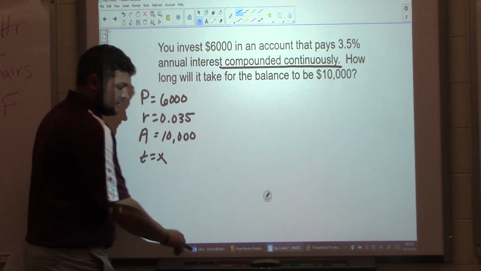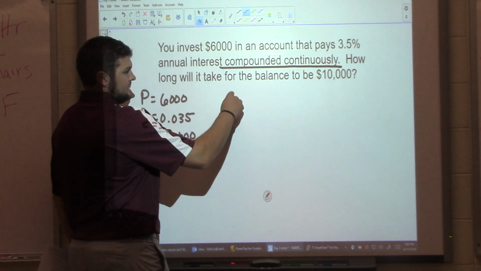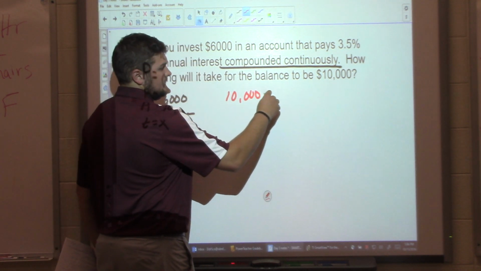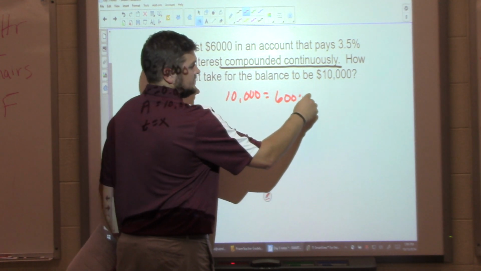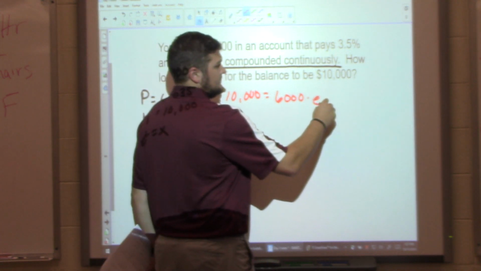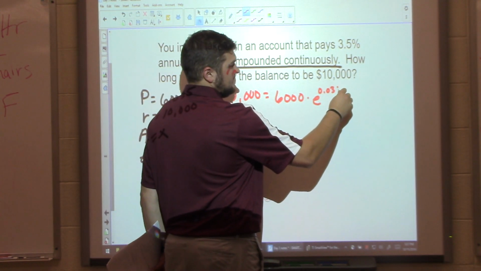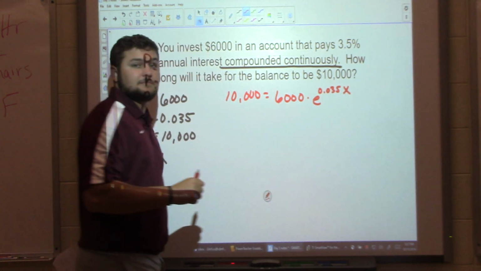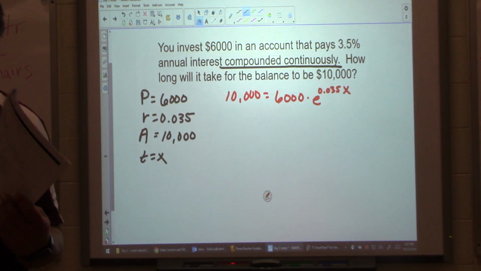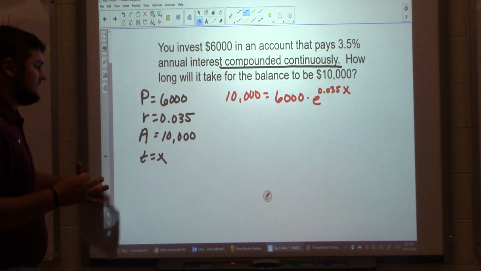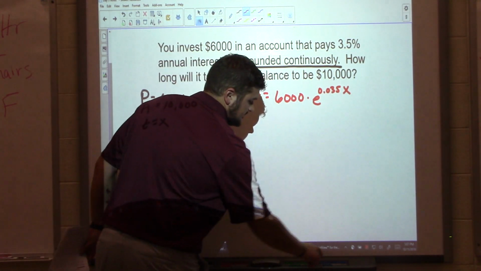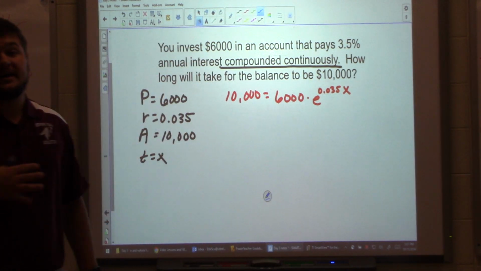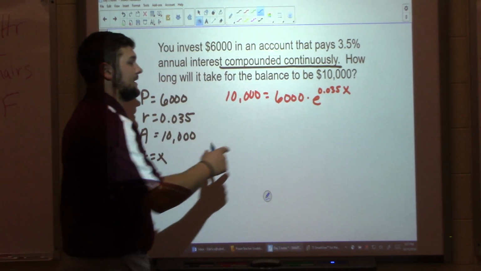So if I plug these all into the formula, I get 10,000 equals 6,000 times e to the 0.035x power, right? I don't have the t term. My t is my variable. Just like with any other thing we're trying to solve for x, we got to get that exponential part by itself.